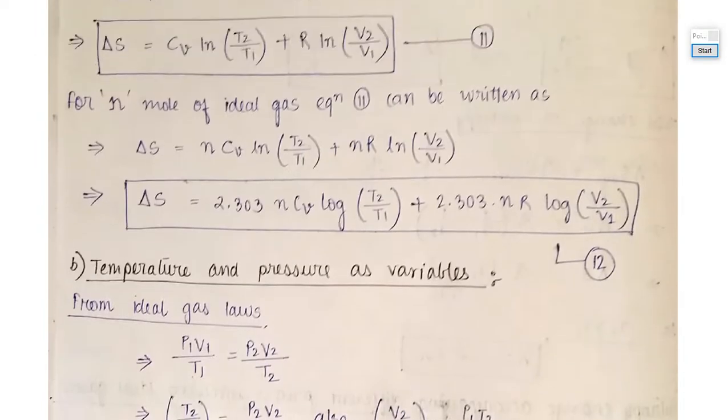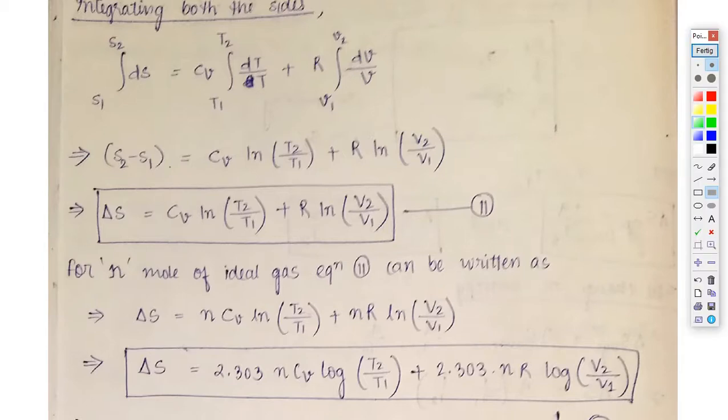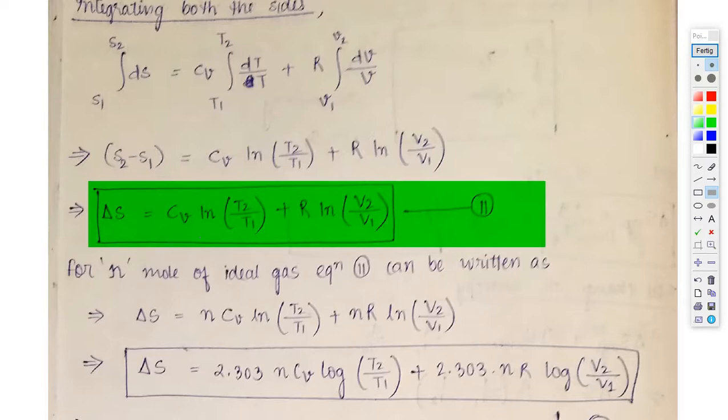Let me write it down. Del S equals Cv ln T2 by T1 plus R ln V2 by V1, for the case where temperature and volume are the variables.